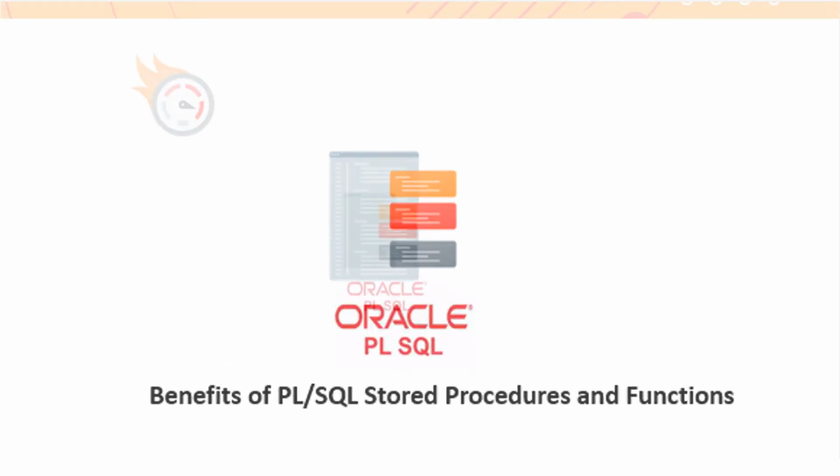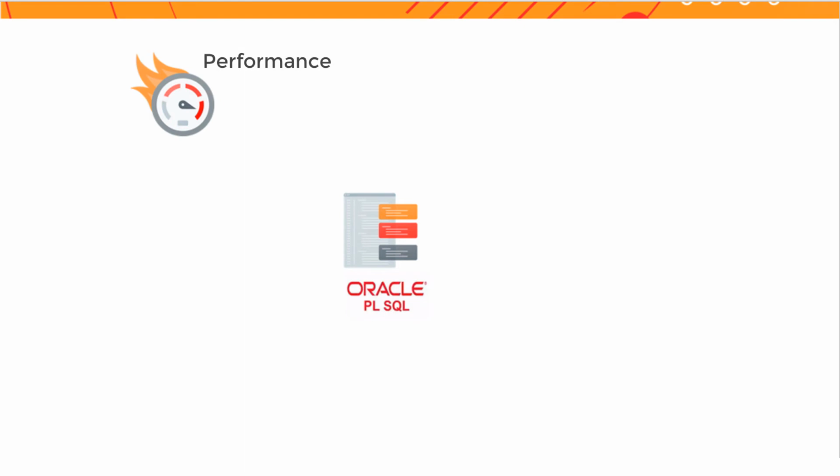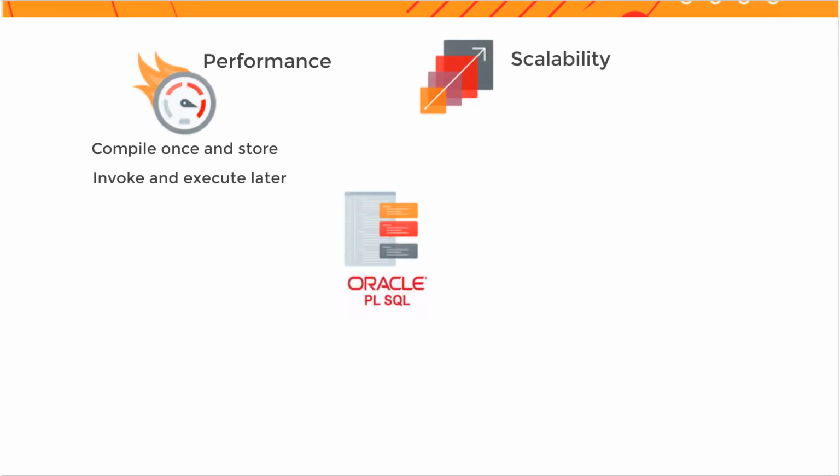Stored procedures and functions have a number of benefits. Performance. After creating a stored procedure or a function, you can compile it once and store it in executable form. You can invoke it with a single call, thereby making the process quick and efficient. Scalability. Stored procedures and functions can increase scalability by consolidating application processing on the database server.